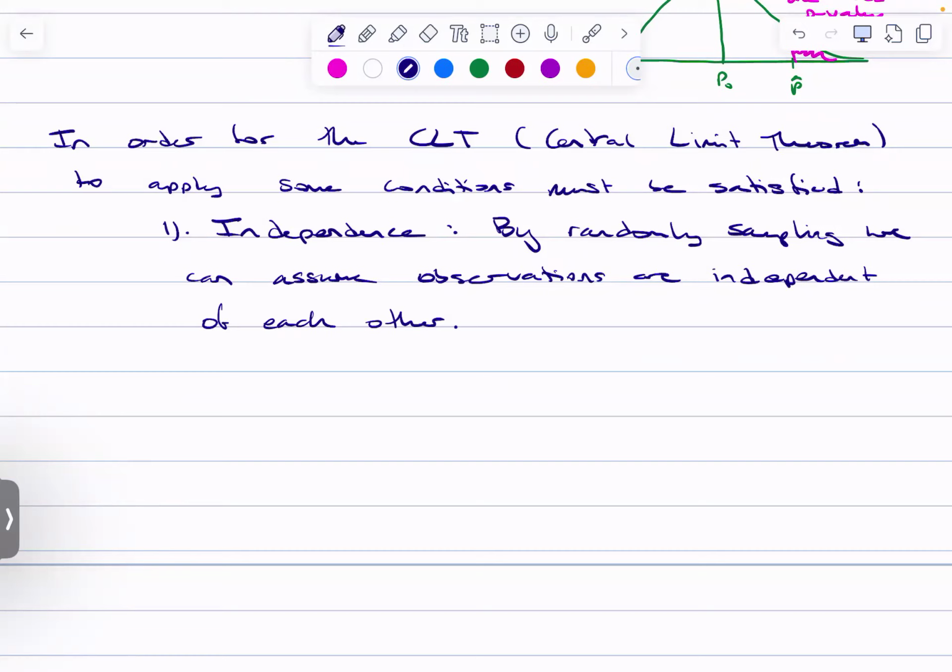If you haven't randomly sampled, what do you have to say? You have to say, I assume my observations are independent of each other, right? Or if it doesn't say, like I forgot to say, right, then we have to assume that those observations are independent of each other.